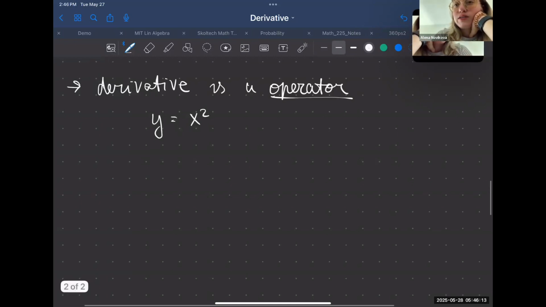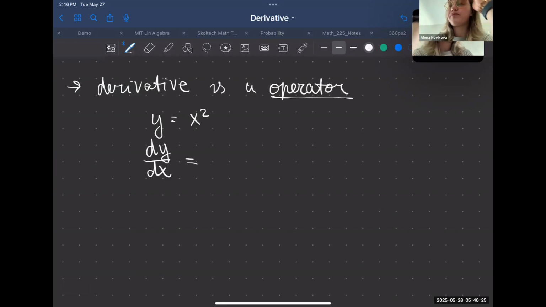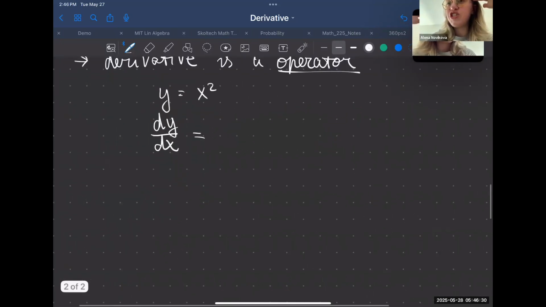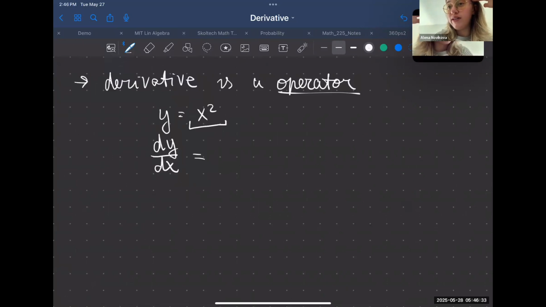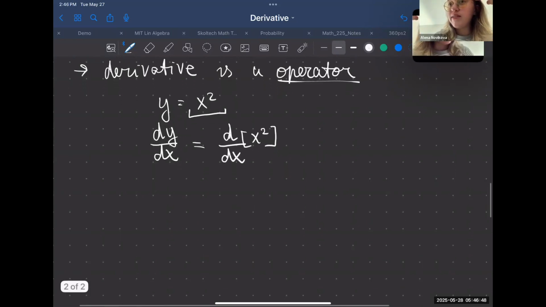We are interested in the change in y compared to the change in x. That's our left-hand side. So what happens to our right-hand side? We are interested in the change in this quantity, x squared, compared to the change in x. So we can write it as d of x squared over dx, right?